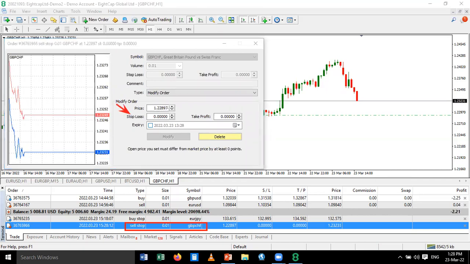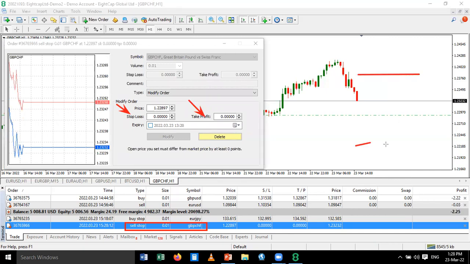Stop loss here, take profit here. Because I am selling, my stop loss has to be somewhere above here. Take profit has to be somewhere below because I am making profit downward. I'm selling means I intend to go short from here.